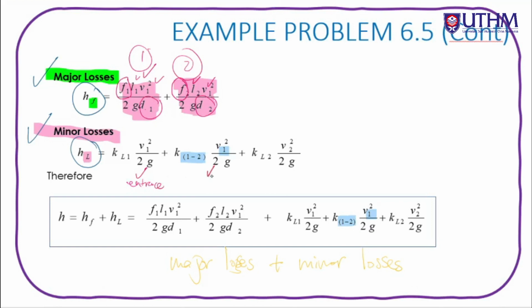This one is KL2, the sudden expansion losses.